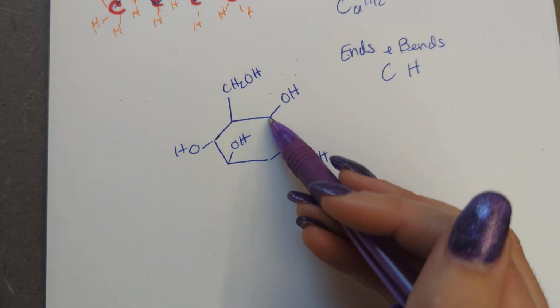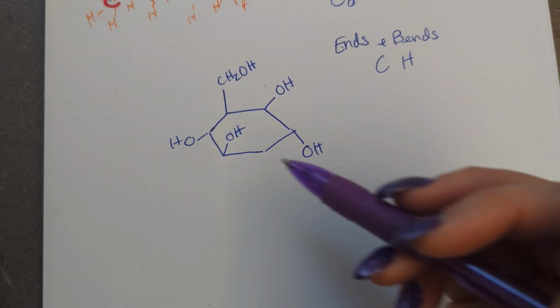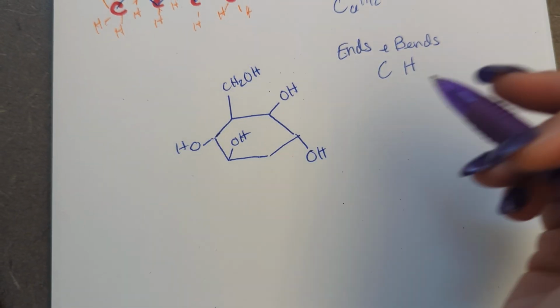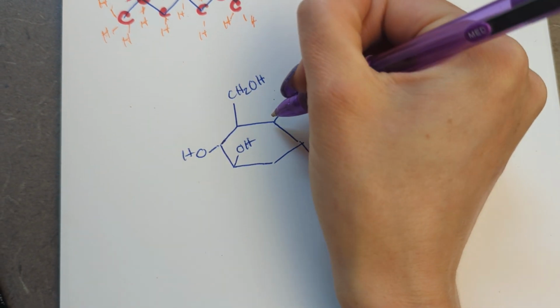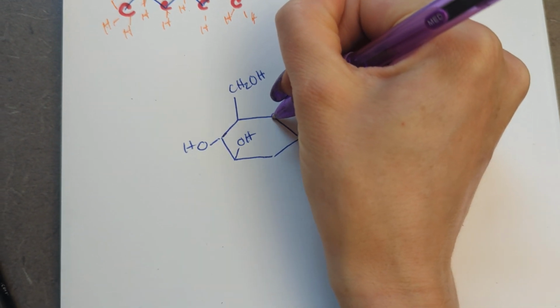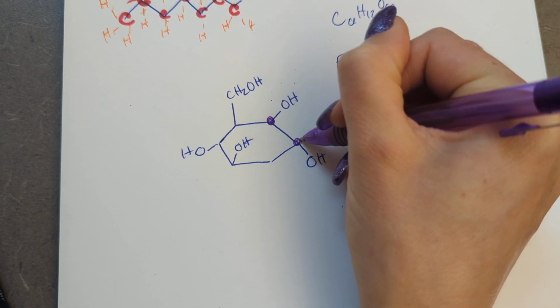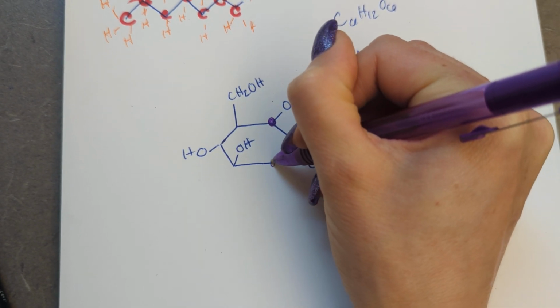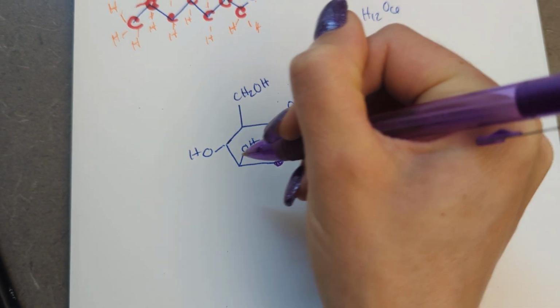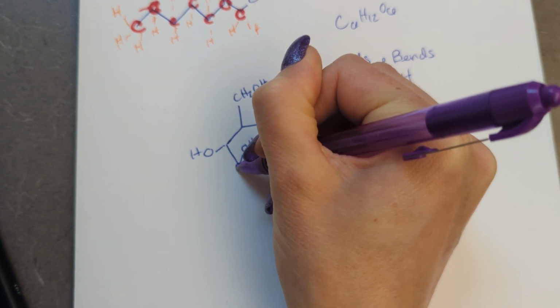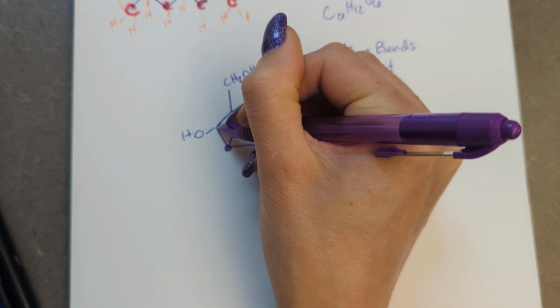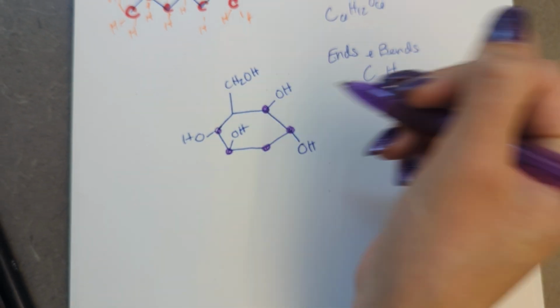So each bend is still a carbon, even when it's in a ring. My ring is a little bit uneven, but that's fine. So each bend, like that's a carbon right there. That's a carbon right there. Another carbon right here. Another carbon right there. Carbon right there.